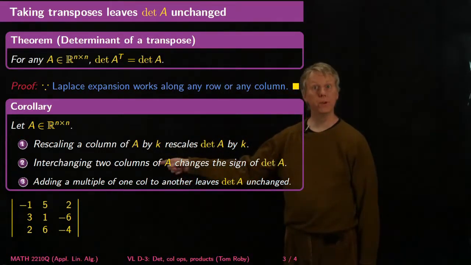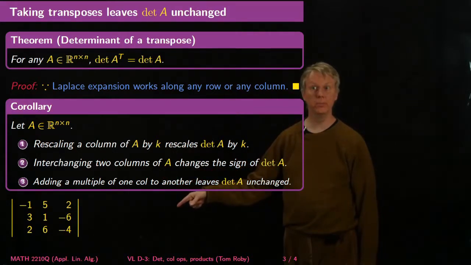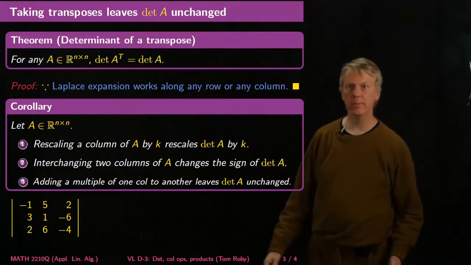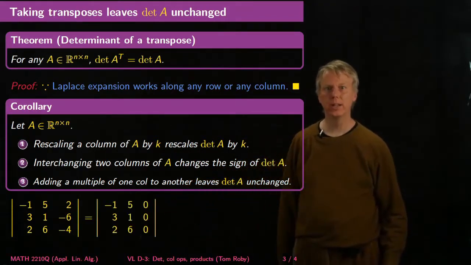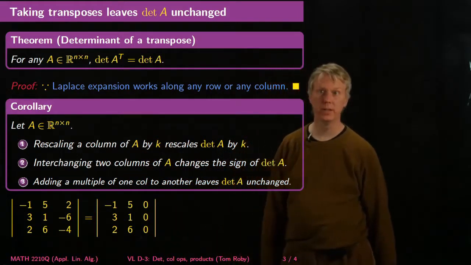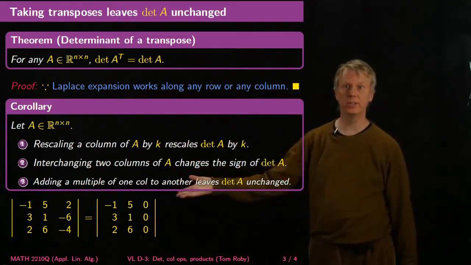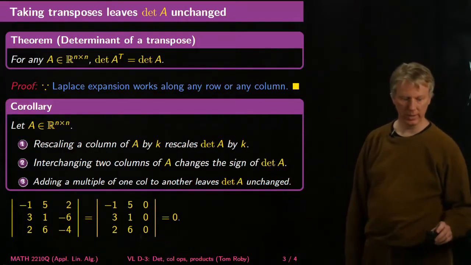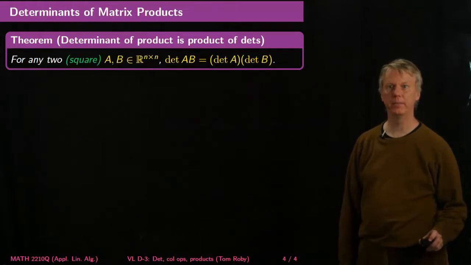Right, the first column times 2, if I add that to the third column, I get a 0 column. Since I can do that, the determinant of this matrix is the same as the determinant of this matrix where I've got a column of zeros in the third place. And that's clearly 0 because I can just expand along that column. Okay, so there's a quick example where this might come in handy.